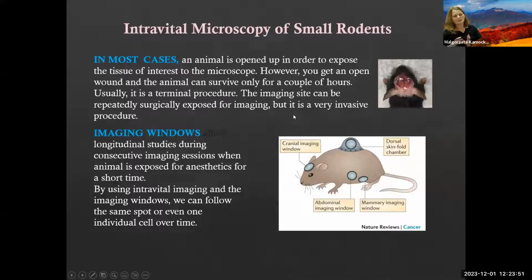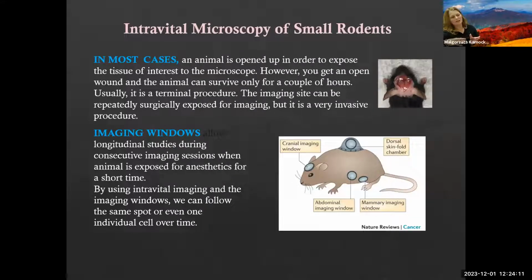So the other possibility for intravital microscopy is to do longitudinal acquisition. For that, we have to prepare a specific model of animal.